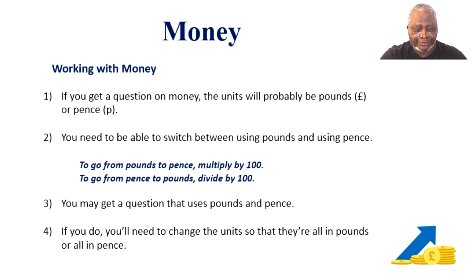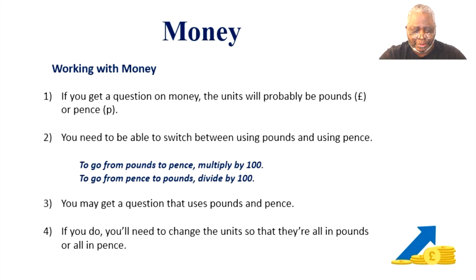To go from pence to pounds, you divide by 100, because 100 pence makes a pound. And I dare say in other currencies like the dollars or the euro, it's the same thing. There are other currencies around the world which might have different units of measures, but let's focus on the UK currency, which is the pound.